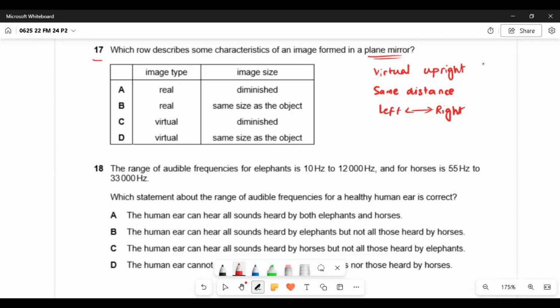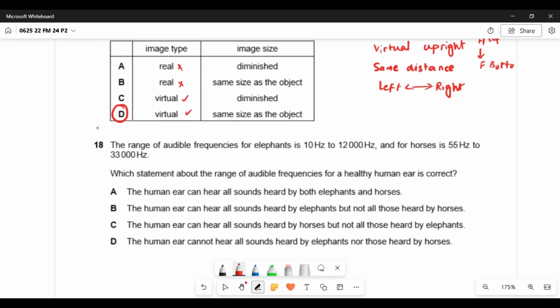But head will remain head and foot will remain foot. There will be no change. So head at the top, foot at the bottom. That's why I said upright. So here are some characteristics. Image is real? No, it's virtual. Diminished means smaller, and same size, I told you it's always the same in size.